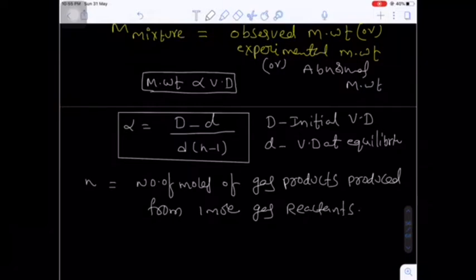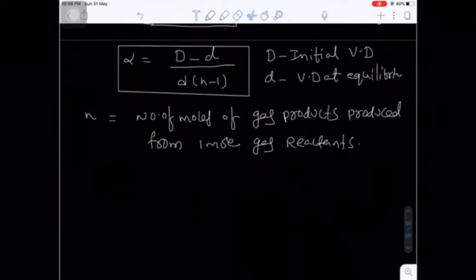From the 1 mole of a gaseous reactant, how many moles of the gaseous products will be obtained? This is the n value. Here, just now I told you n value should be always greater than 1. Okay. How to find the n value?